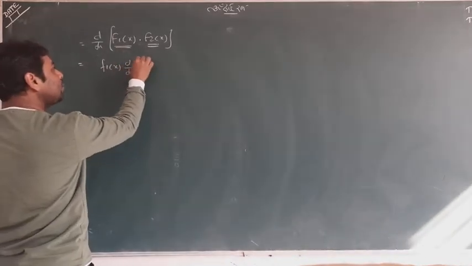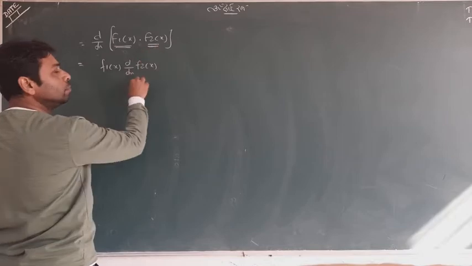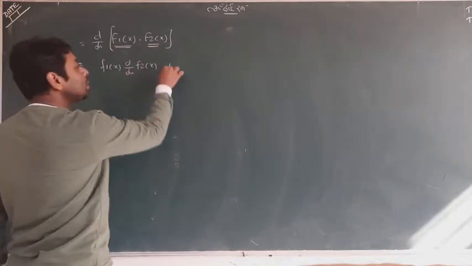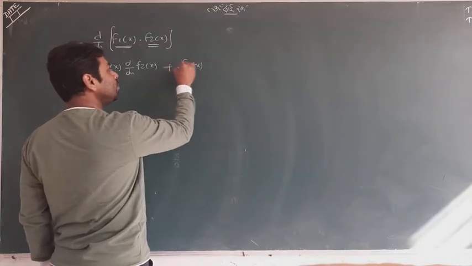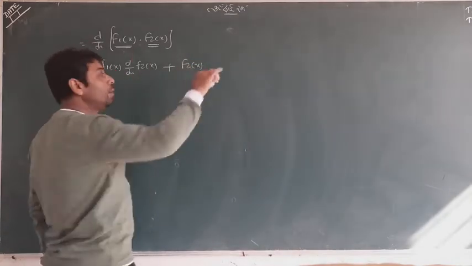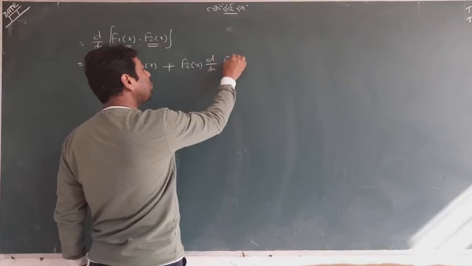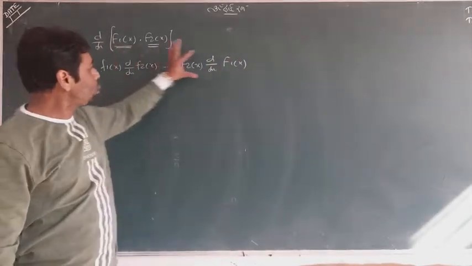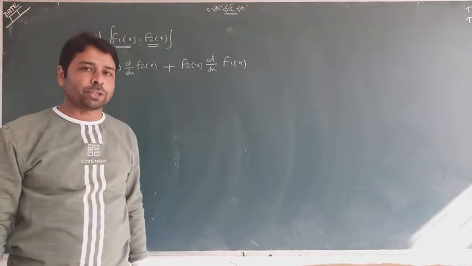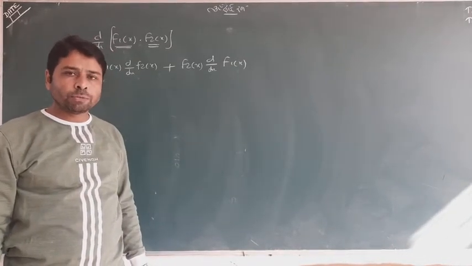Differentiation of the second will happen: d by dx of second. Plus, just reverse: the second function will be as it is without any differentiation, and the differentiation of the first function, d by dx of the first function. That whole thing is the formula of multiplication. This is the multiplication law of differentiation.